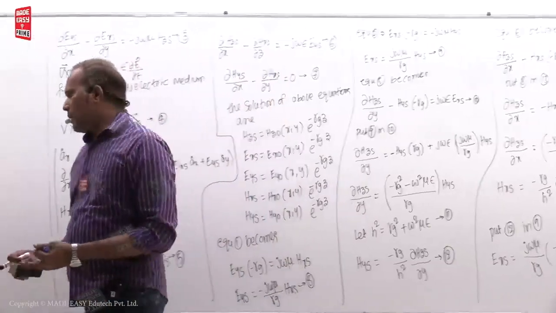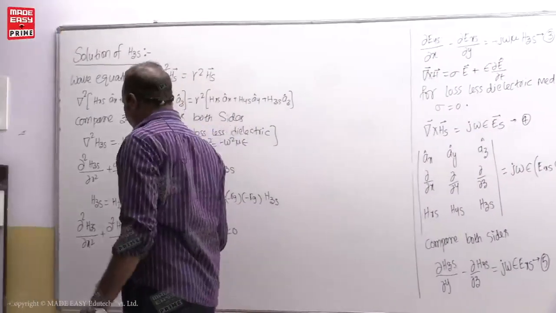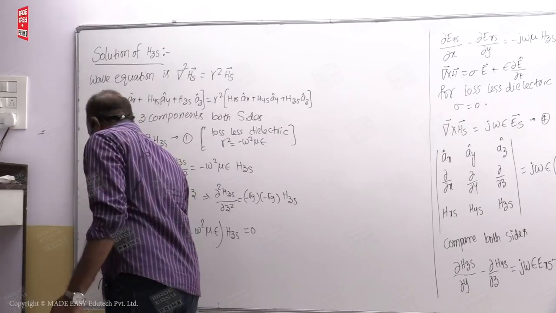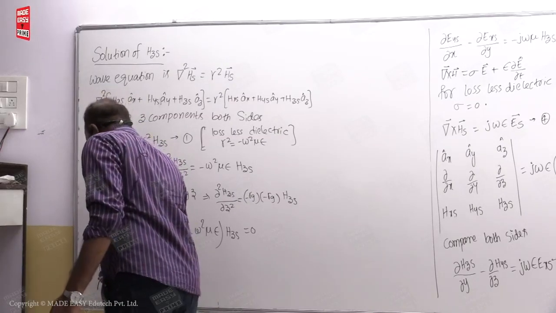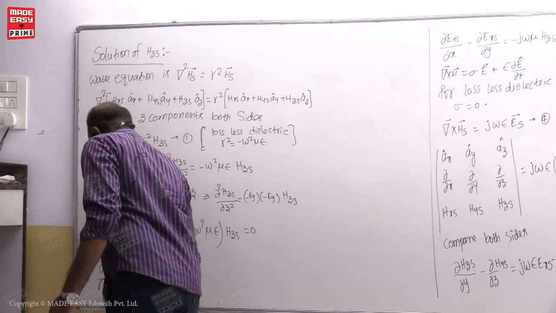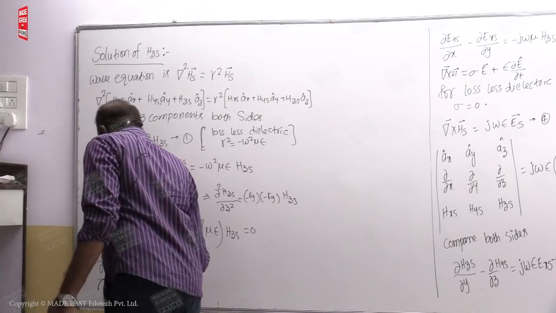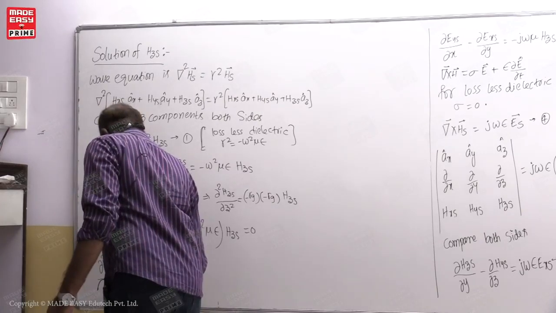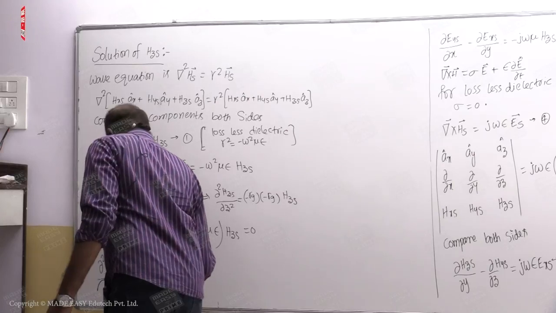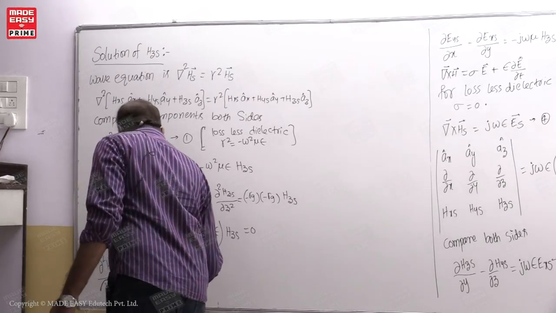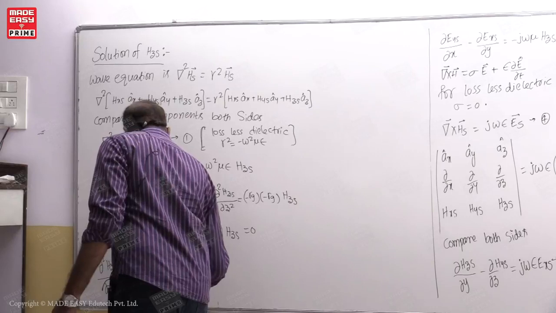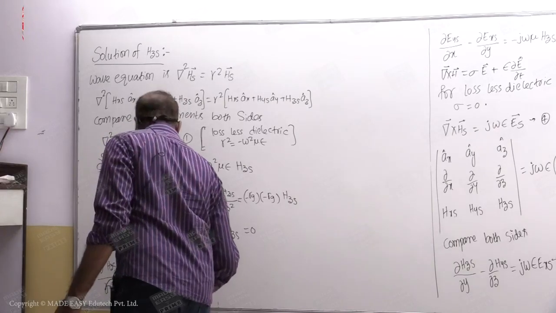Okay, so that is h square here. So dou square hz divided by dou x square plus dou square hz divided by dou y square plus h square hz is equal to 0.